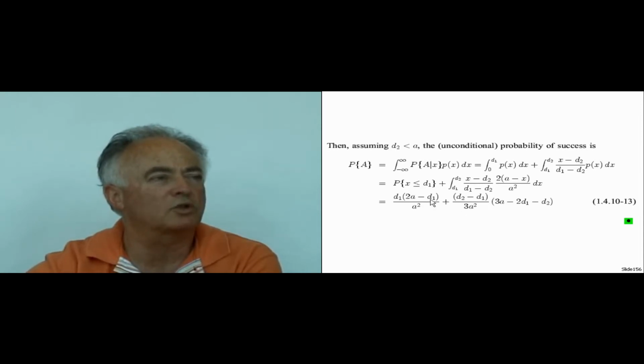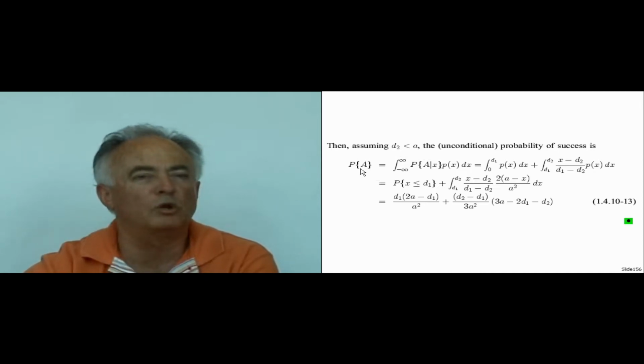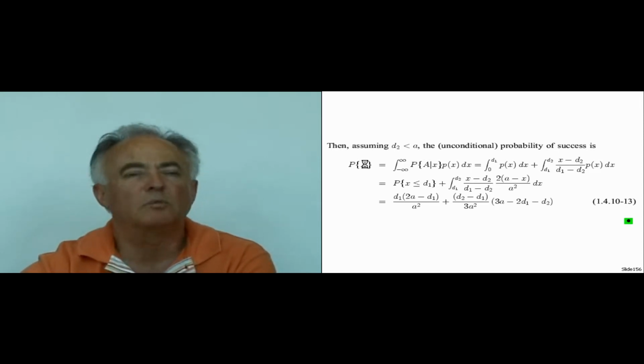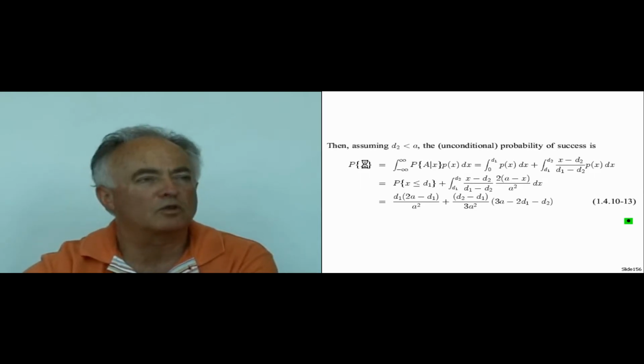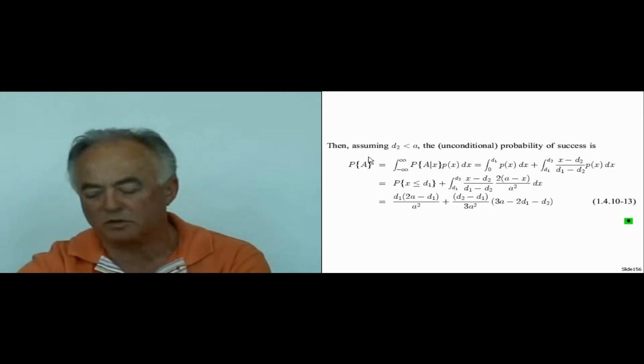So we have an expression now for the unconditional, the overall probability over all the possible miss distances, given that particular triangular PDF of the miss distance and the particular probability of success in hunting given by that function that starts at 1, goes down in a straight line to 0, then is 0, as a function of the miss distance.